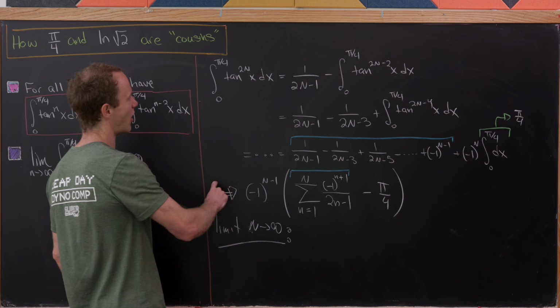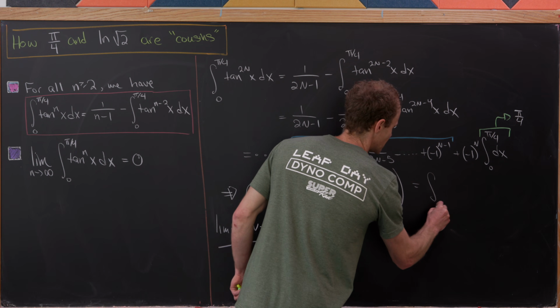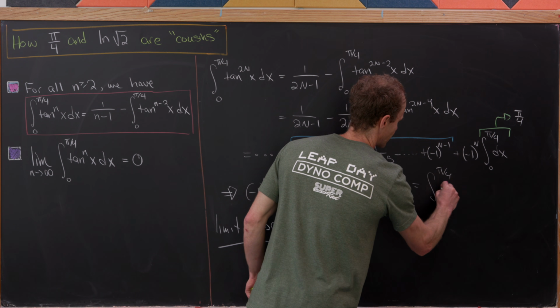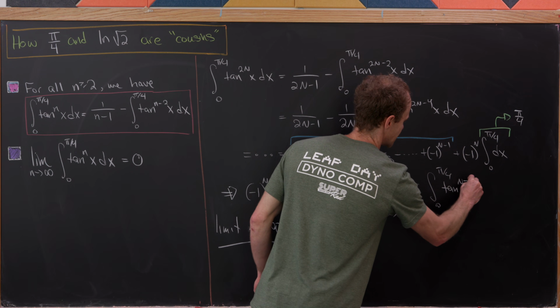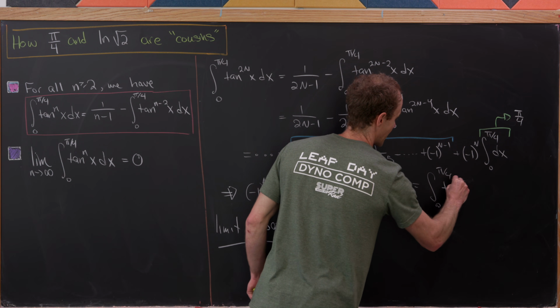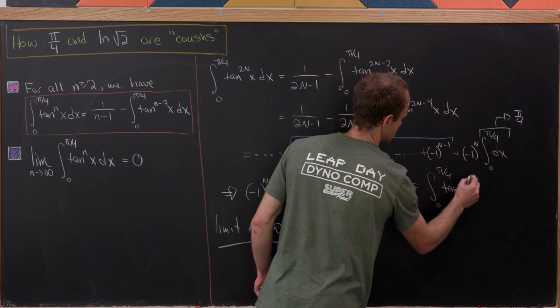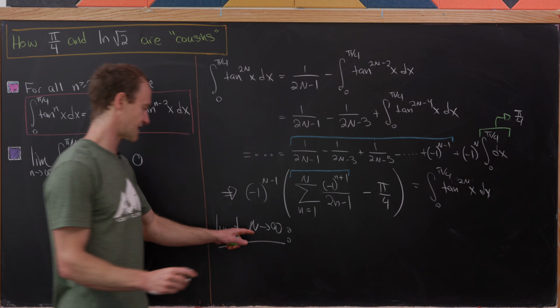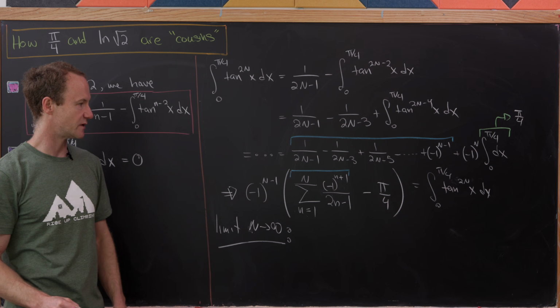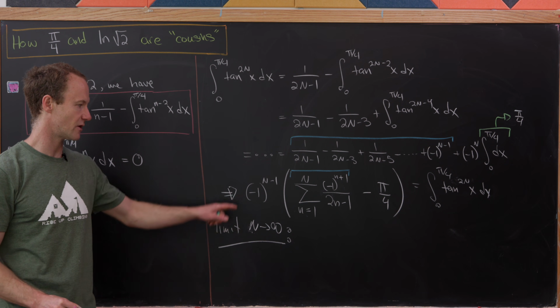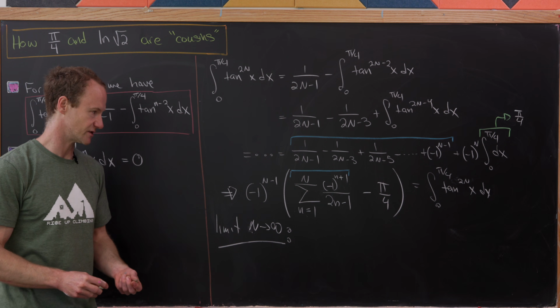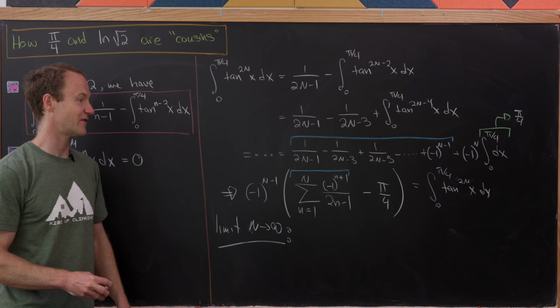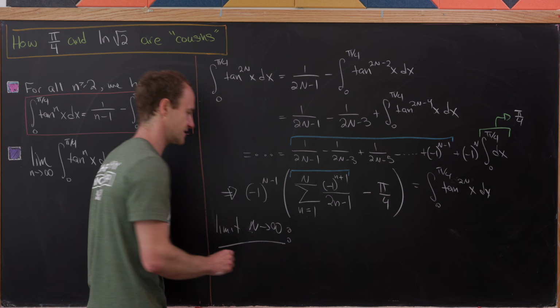I guess I should say that all of this is equal to our integral from 0 to pi over 4 of tangent to the 2 times capital N of x dx. So rewording this, as capital N goes to infinity, that right-hand side goes to 0. That means this left-hand side goes to 0. That means that this stuff inside of the parentheses goes to 0.